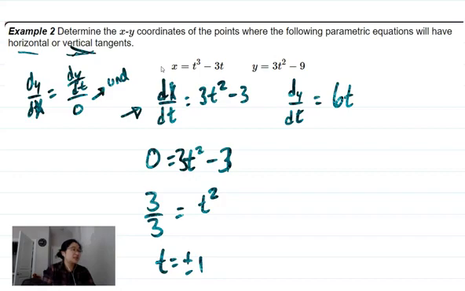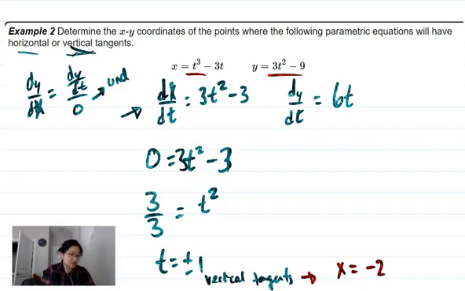So that will give us some t's with vertical tangents. And how do we figure out where those locations are? Well, we need to plug those in to x and y. Maybe I should just do this in a table.